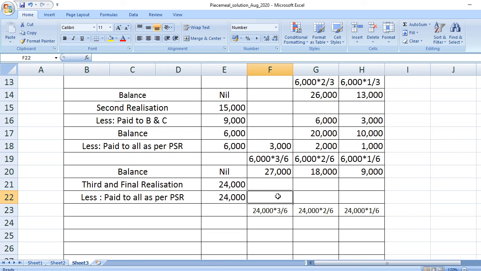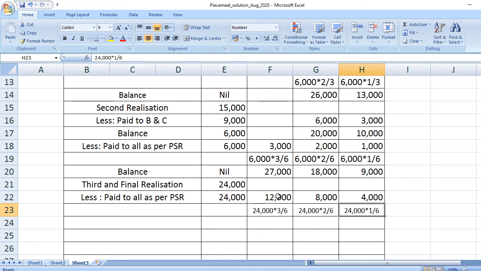First of all we have to find out A's share. Can you find out? 24,000 into 3 divided by 6, it's 12,000, the share of A. Then B's we have to find out. 24,000 into 2 divided by 6, 8,000 is the share of B. And C's share: 24,000 into 1 divided by 6, so you will get 4,000.